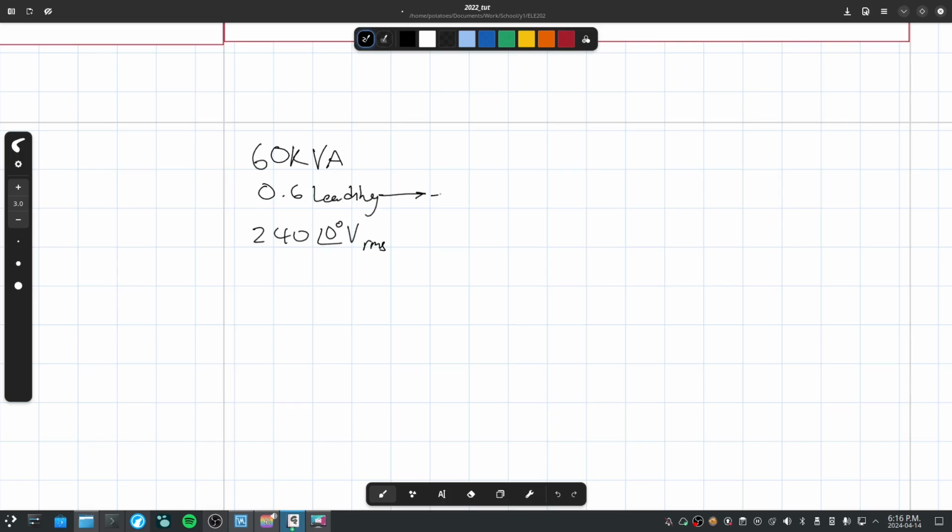So the formula for this is just cosine inverse of this 0.6. And because it's leading, you add a negative sign. If you had 0.6 lagging, you do not add the negative sign.